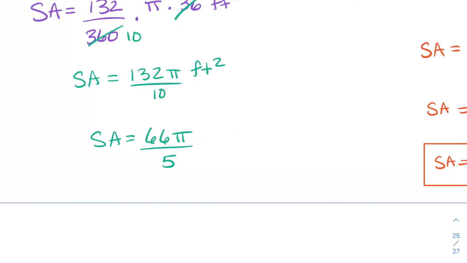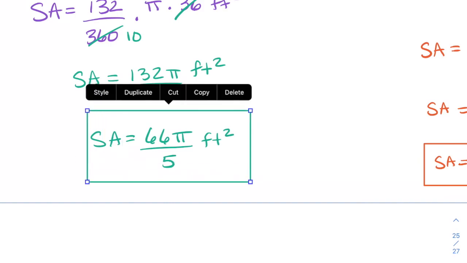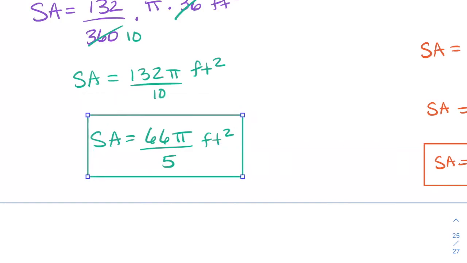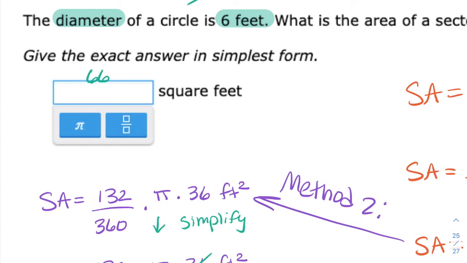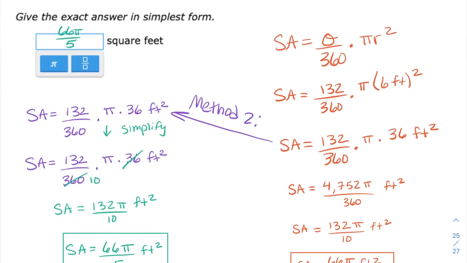That doesn't look like feet. One last time. Okay. Alrighty. So the answer is 66 pi over 5 square feet.